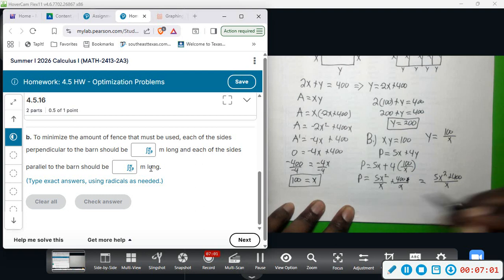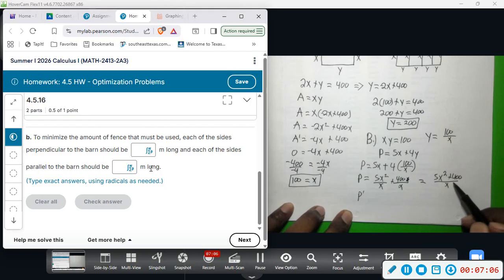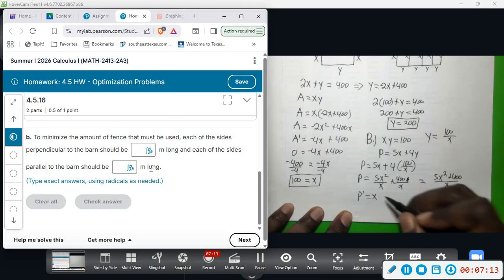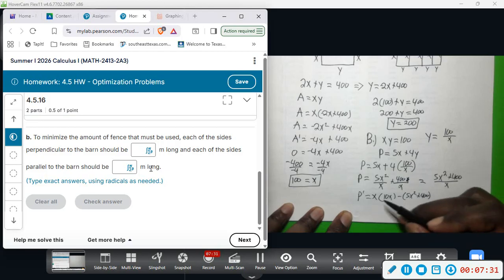That's equal to P. So now we're going to find the derivative, P prime. We will have to do quotient rule, low d high, minus high d low. So it'll be x times the derivative of the top, 2 times 5 is 10x. Derivative of 400 is 0. So low d high minus the top, high d low.